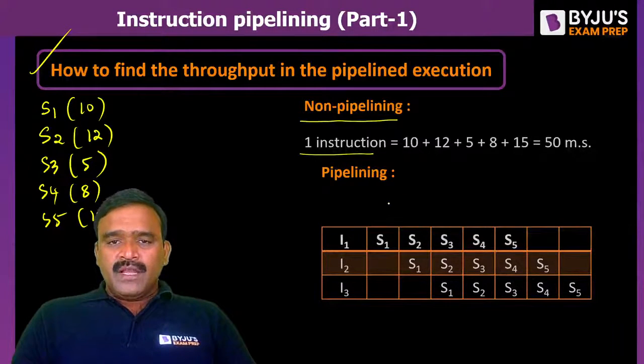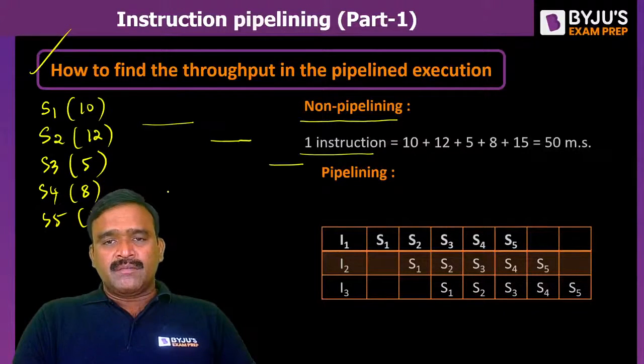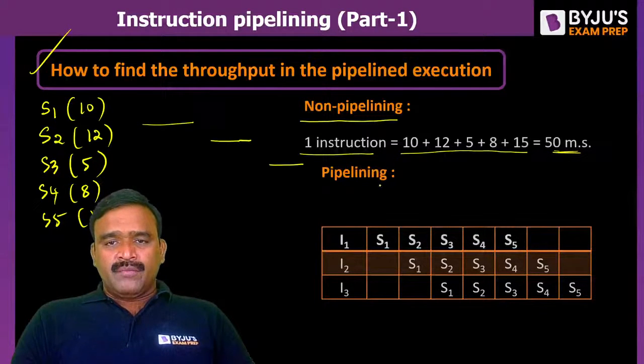So in a non-pipeline execution, after all the stages of one instruction are finished, the next instruction will start. There is no overlapping. That means one instruction execution will take 50 nanoseconds, or milliseconds, whatever is given, for non-pipelining. Okay.